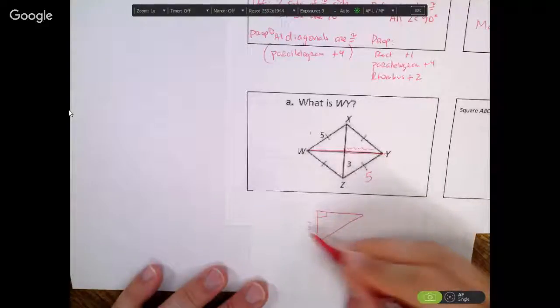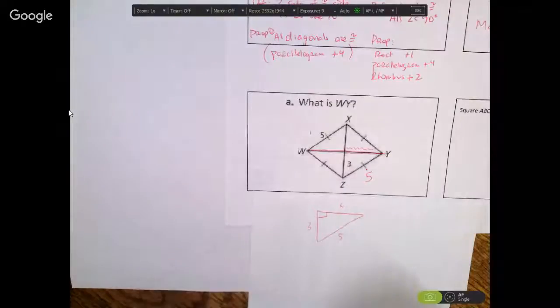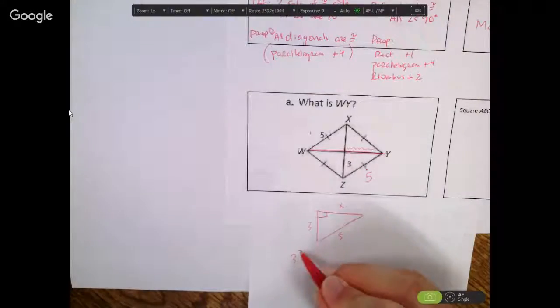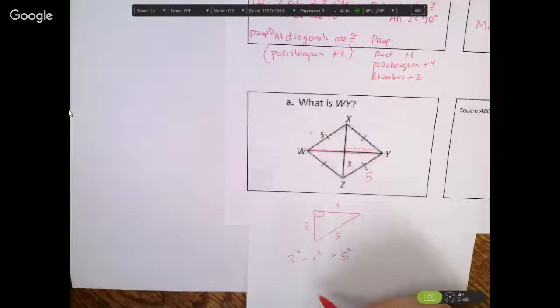This is 3, this is 5. I don't know what that is. 3 squared plus x squared equals 5 squared. The answer is 4, and that's where you get XY. A very popular right triangle is the 3, 4, 5 triangle.